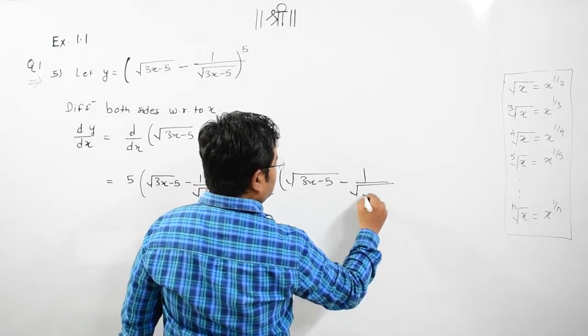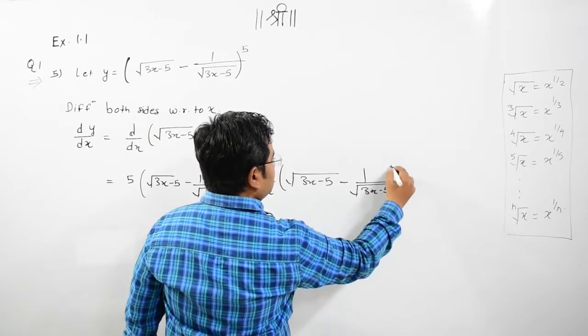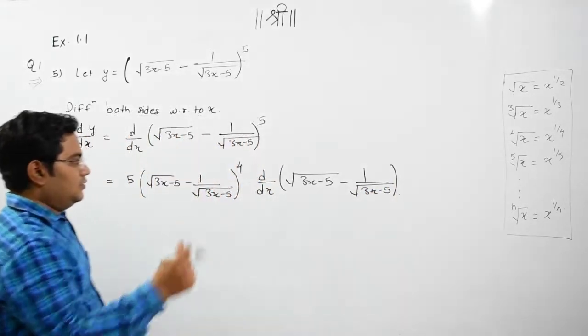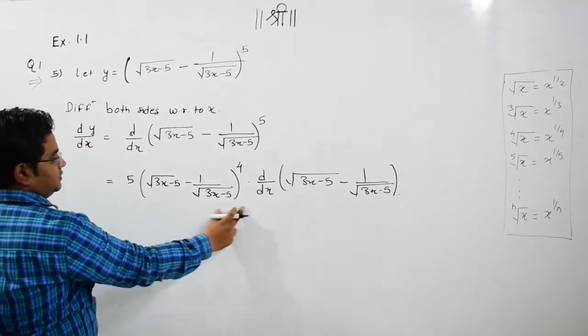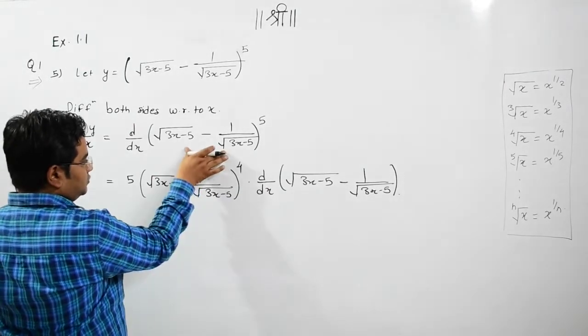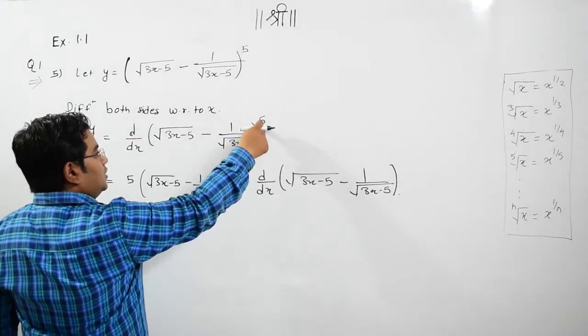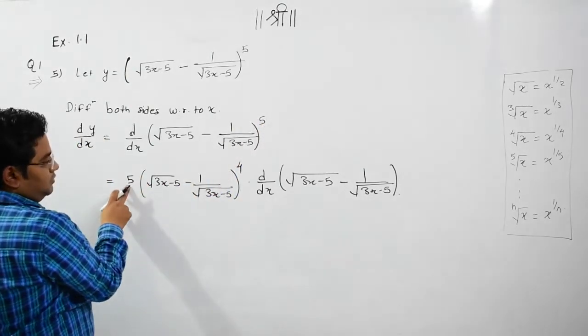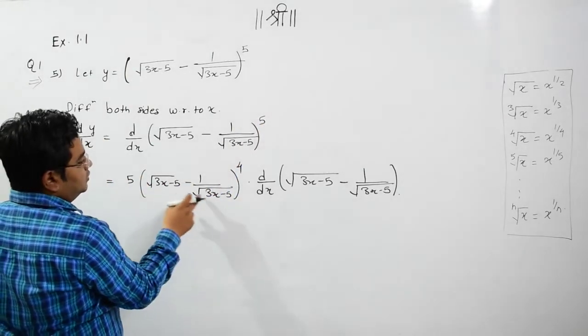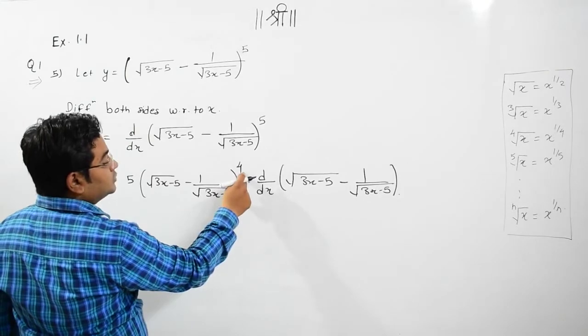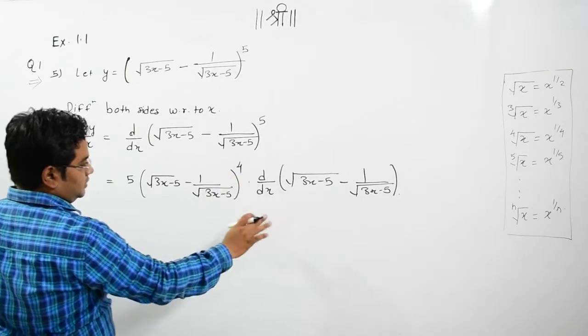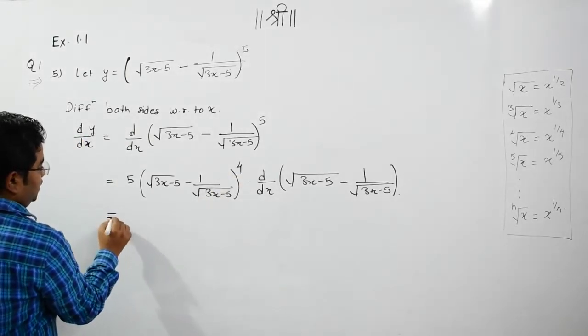Now this is a very interesting step. So this was f of x raised to 5. Therefore 5 is common after differentiating. So 5 into f of x raised to 4. Okay, done. Next step. What is our next step?